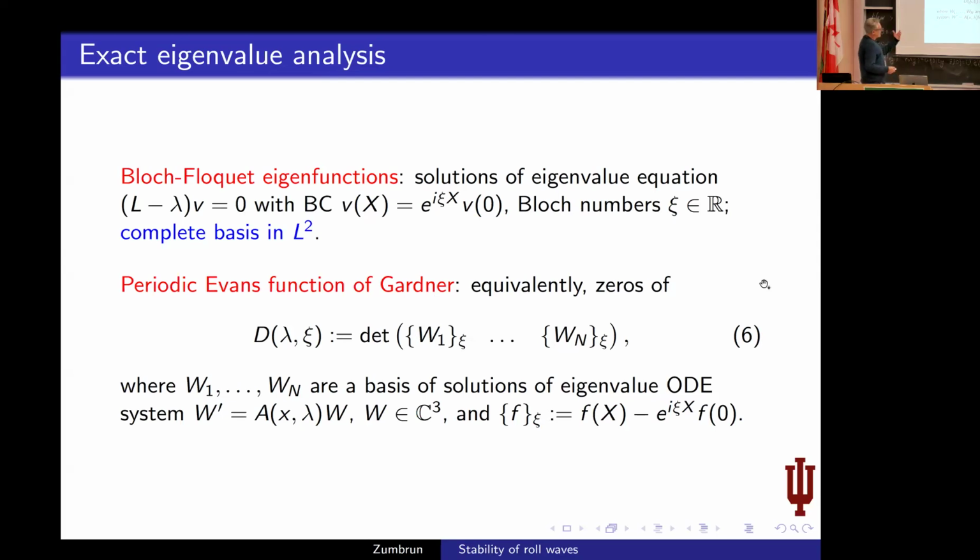When the determinant of that matrix is 0, there is a solution for some initial data that satisfies exactly the twisted boundary conditions, and it's not identically 0. That's an eigenfunction, and so you get pairs Xi, lambda, and the lambdas are the eigenvalues. They're associated with a particular mode, which is parameterized by Xi. Think of Xi as like a Fourier wave number, Fourier frequency.